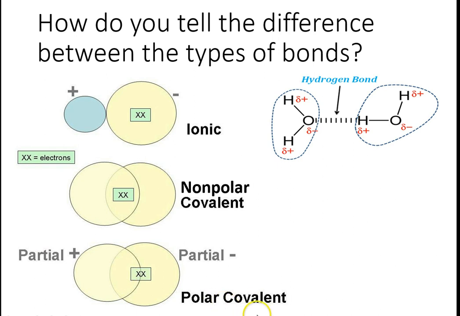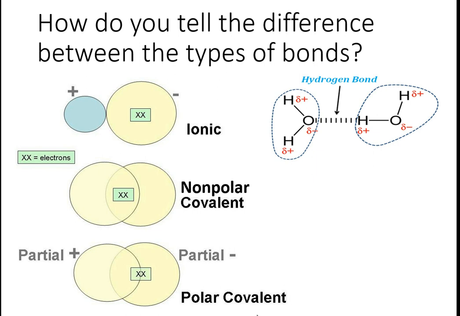And so this is a polar covalent bond. Those electrons are being shared unequally because they're skewed more towards the electronegative atom. As a result, the atoms in the bond take on partial positive and partial negative charges. So those are our three major types of bonds that we see.